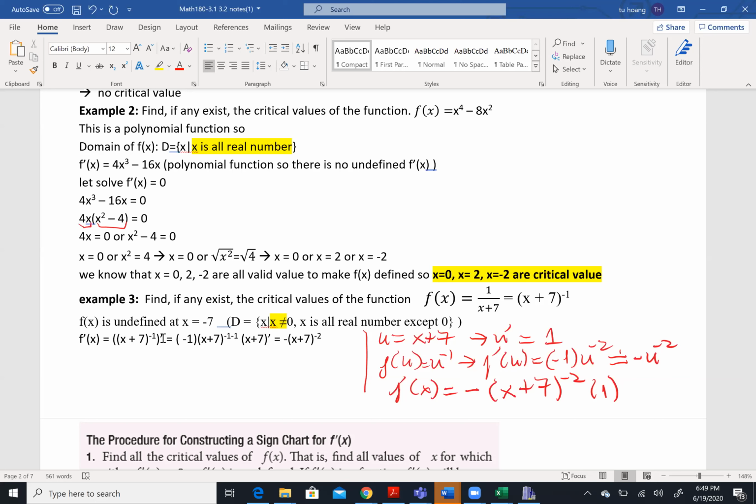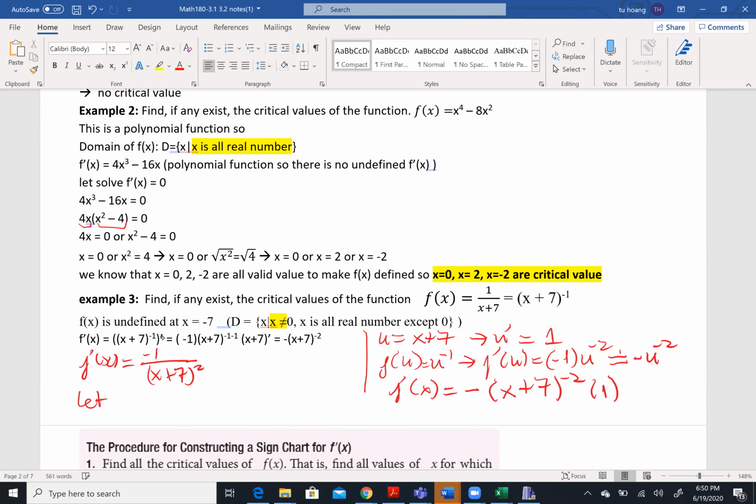Okay, so what we are doing, we have to find the critical value, right? I will change this into the form of a fraction. Let me rewrite it as f derivative of x equal to -1 over (x plus 7) to the power 2, right? And then I have to solve for f derivative of x equals 0 in order to find the critical value.